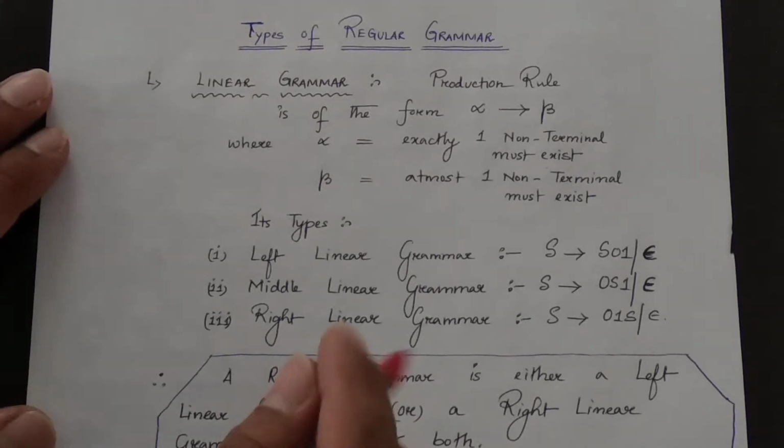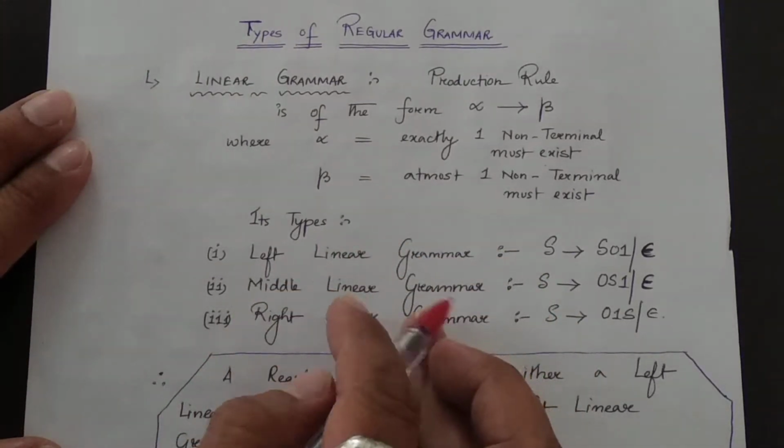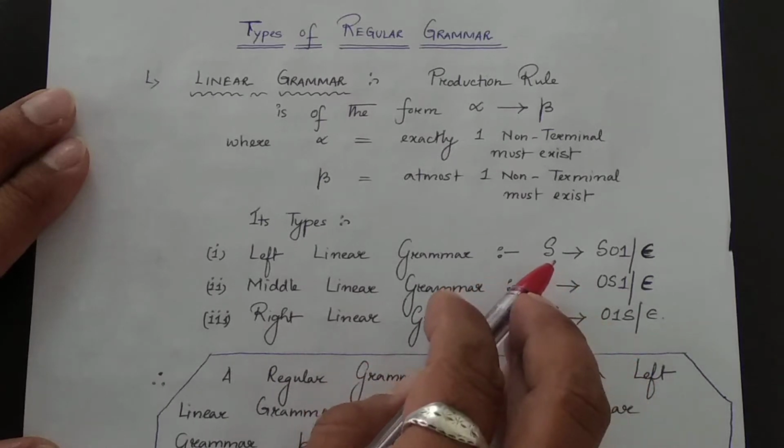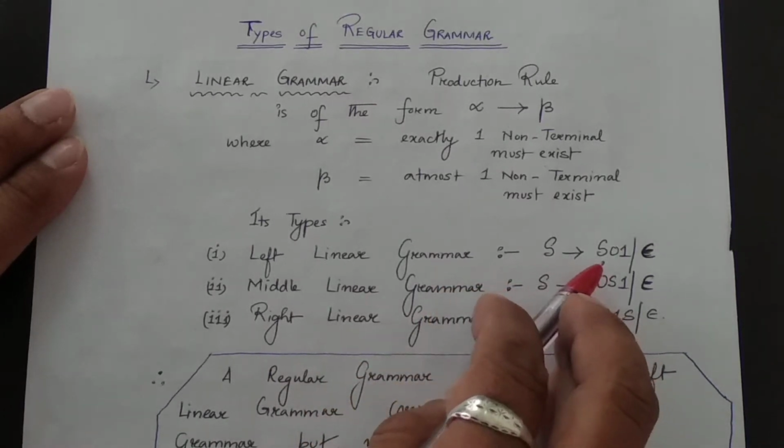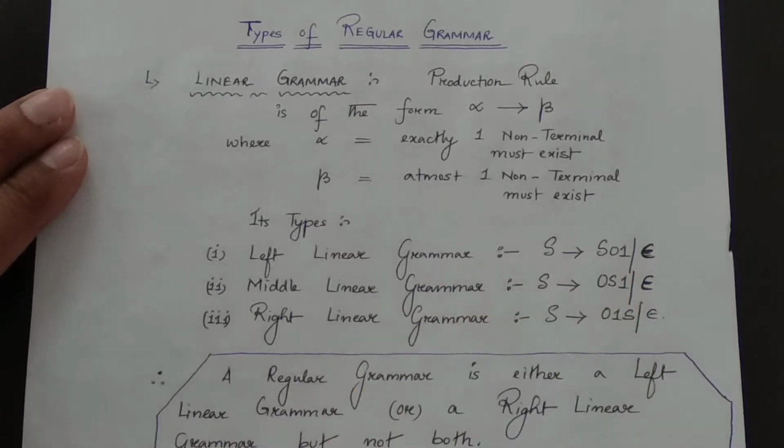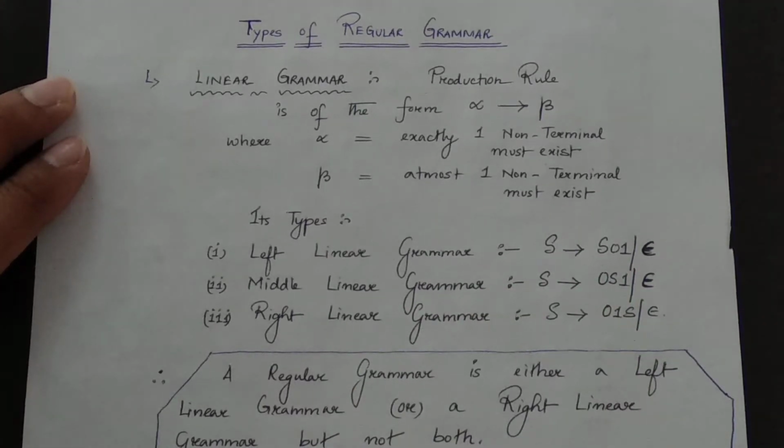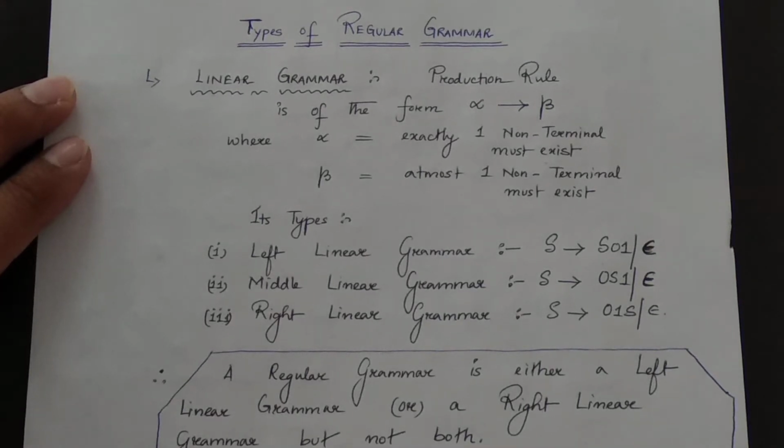First one, as I told you, is your left linear grammar, where S is the start, one particular non-terminal, having a production S01. That means if we are talking about alpha tends to beta, the non-terminal should be on the left-hand side of the production. Then it is called left linear grammar.